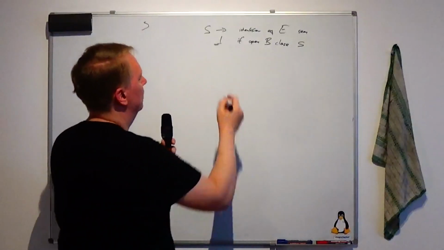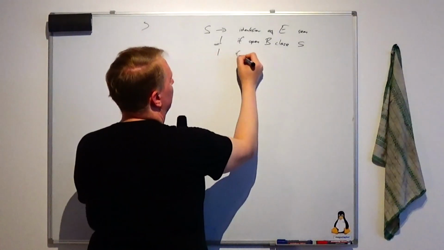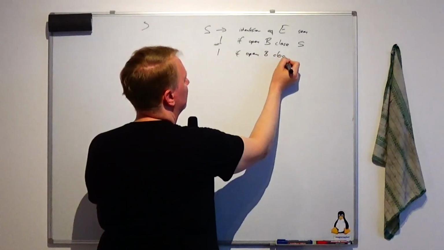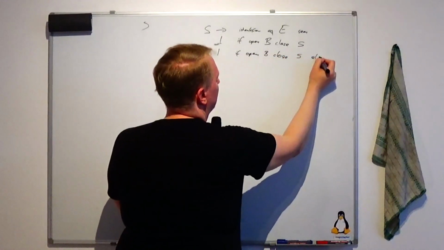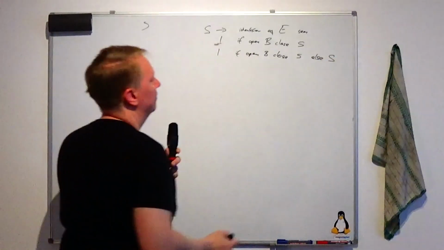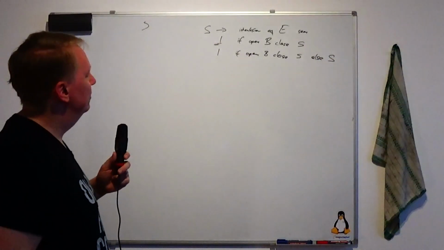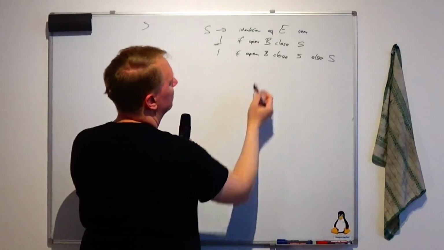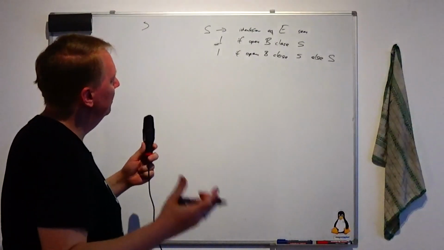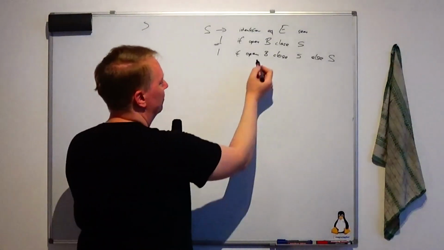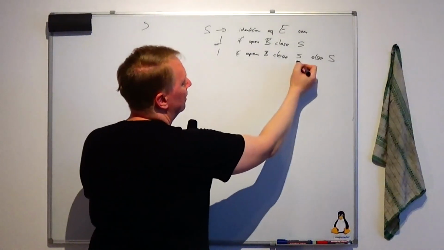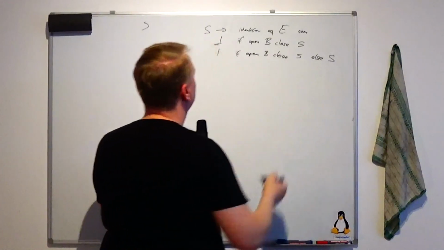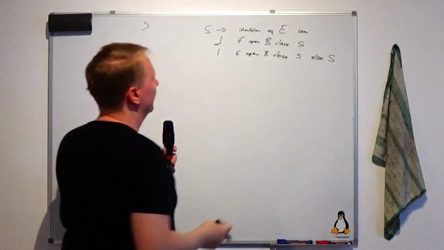Okay. Or you could have if open b close s else s. Okay, so you have an if with a Boolean expression that you are testing, and if that gives you a true, then you execute this statement, otherwise you execute the statement that you get from here.